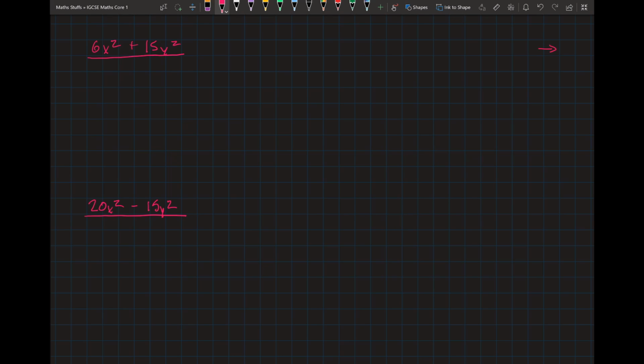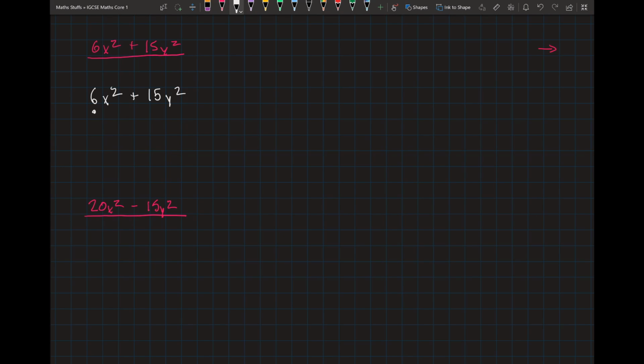We can't pull out the x or the y because we'd have to have x squared over y squared or y squared over x squared. So again, we're just going to be looking at the coefficients here, 6 and 15. So we've got 6x squared plus 15y squared.